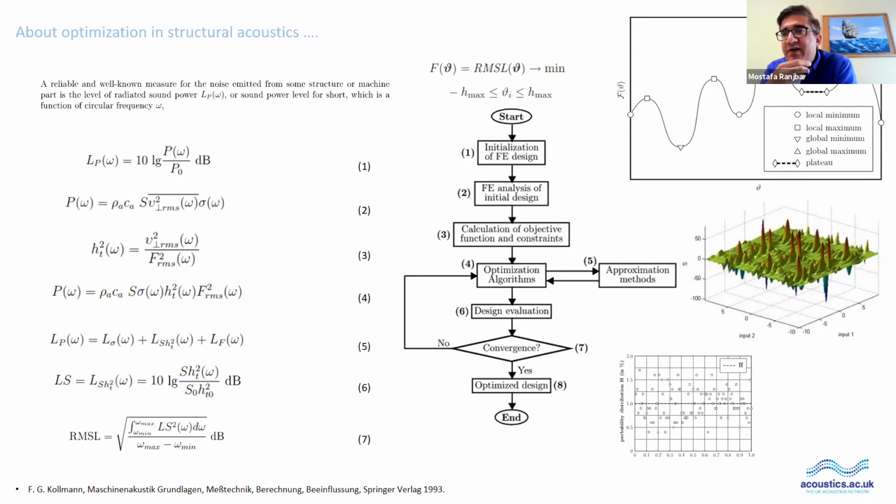And in some areas, we even have a plateau. In this case, we know what the objective function is, but in reality, in structural acoustic applications, we don't know it. Really, finding the optimum design in a structural acoustic application is like catching a black cat in a dark room, because we have no idea about the shape of the objective function.